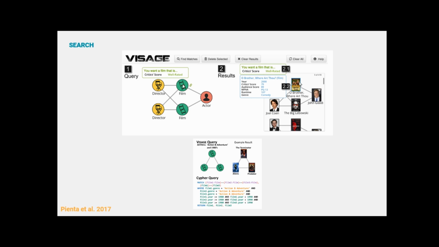A future idea or future step could be to use this kind of search as presented in this paper by Pienta et al. from 2017, where you can visually search the stratigraphical units like seen before.